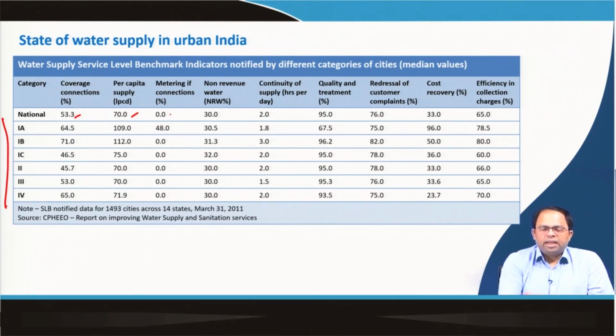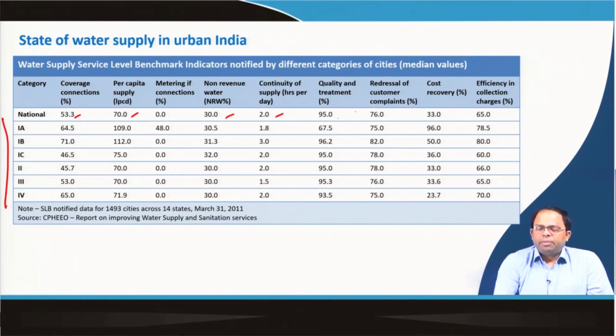Metering is almost negligible. Non-revenue water is around 30%. That means this is unaccounted water, which is either getting lost or stolen. And continuity, average hours per day of supply, is around 2 hours per day.